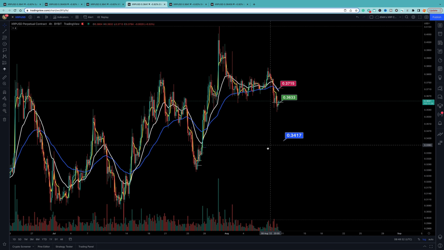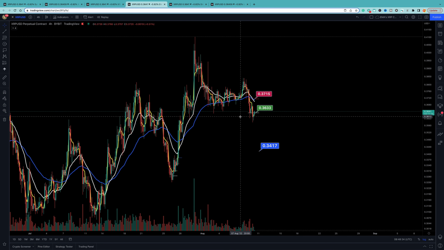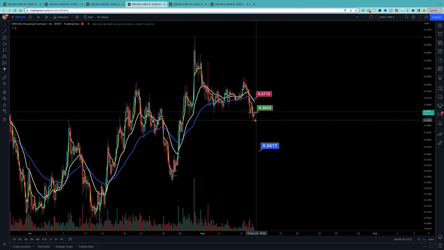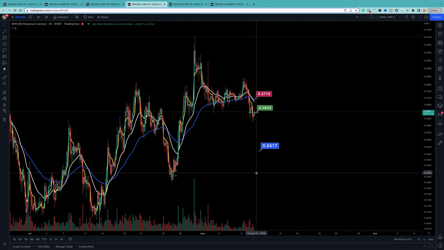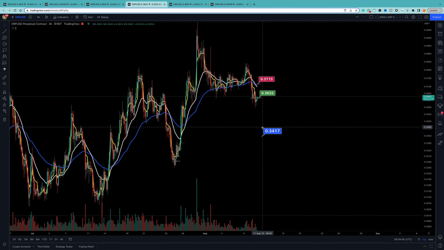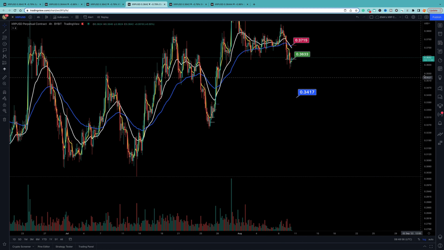Crosses over, 2 levels down. So this looks like one level, and then the next level after that. So I think there's at least one more drop here. There may be more, but at least one more drop. And I have my target at 34.50. So that's my trade for today.